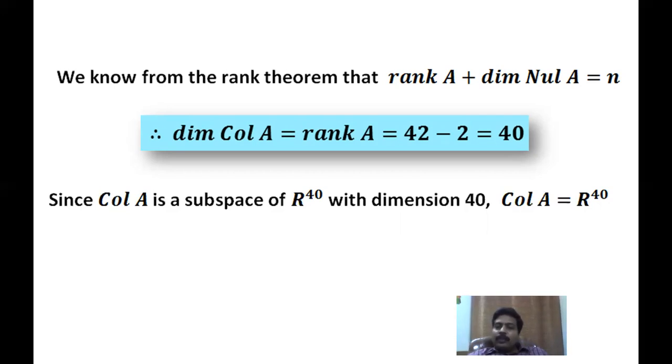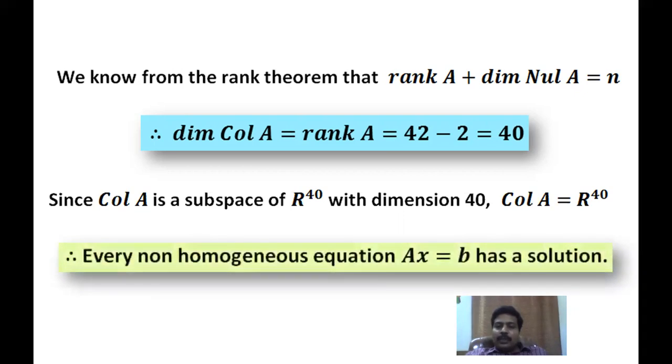So a subspace of R40 with 40 linearly independent vectors is nothing but R40 itself. So column space A is R40. So every non-homogeneous equation Ax equals b has a solution.